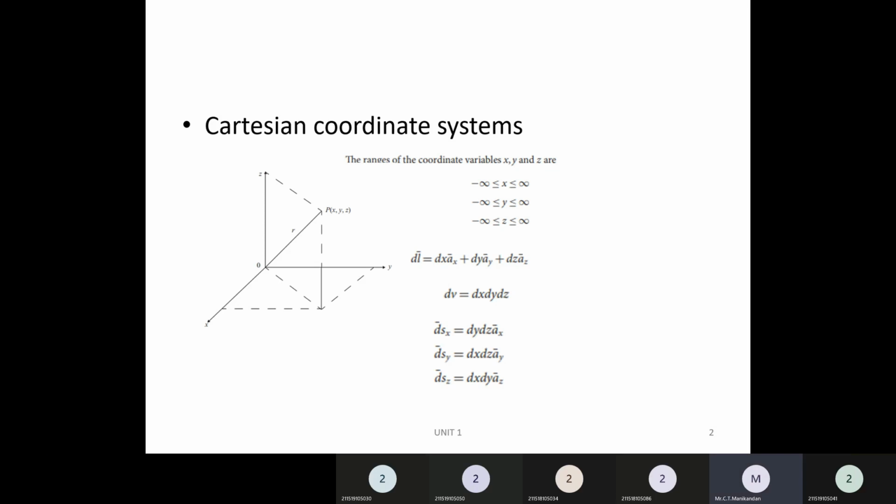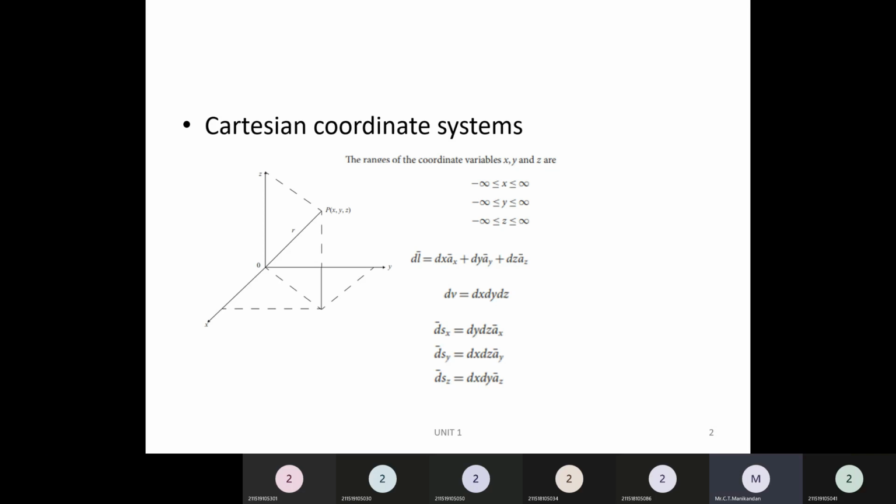So we have different coordinate systems. Among them, the famous 3 are the Cartesian coordinate system, the cylindrical coordinate system, and the spherical coordinate system. What we normally study is the Cartesian coordinate system. I vector, j vector, and k vector are specifically imposed as ax, ay, and az.